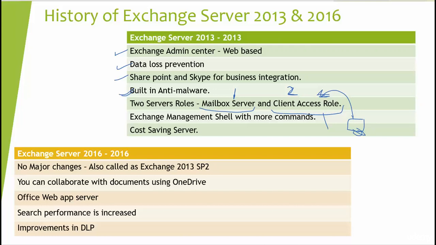This service provides email routing within the organization and connectivity between the front end transport server and the mailbox transport services. So this client access server role is just sending your emails outside to the world and the internet. And then this mailbox server role is performing the hub transport role work.